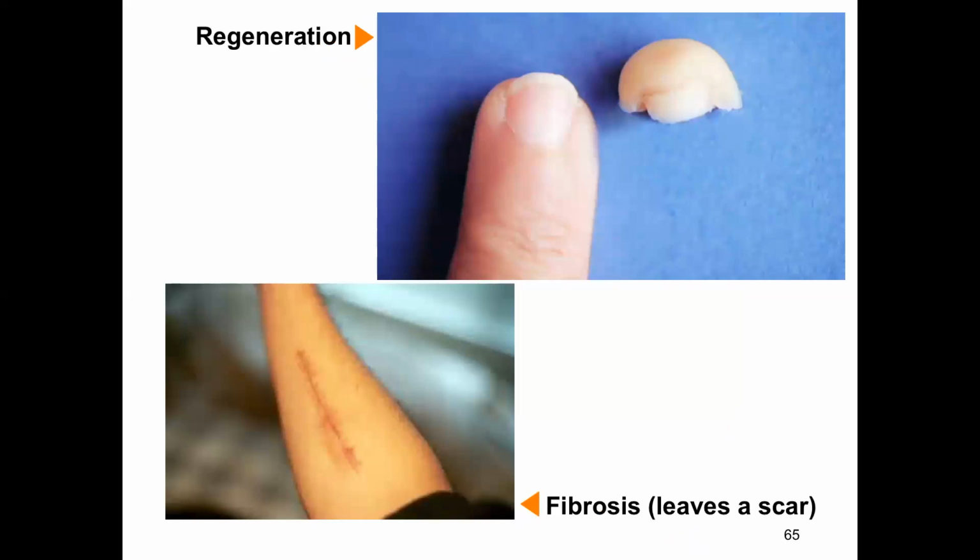Actually, your liver as an adult has a high regenerative capacity, but I can't get a good picture of regenerating liver. But the very tip of your finger, this might sound really bizarre, but if you just nip it at the very end, your finger can regenerate to an extent, all right? Whereas fibrosis, like I said, leaves a scar. Depending on how bad the wound is, the bigger the scar, all right?